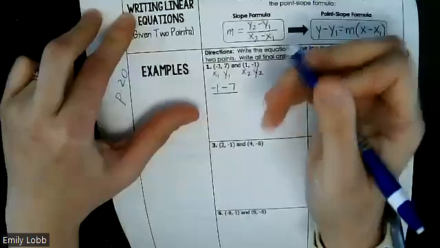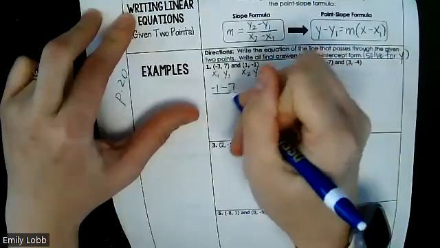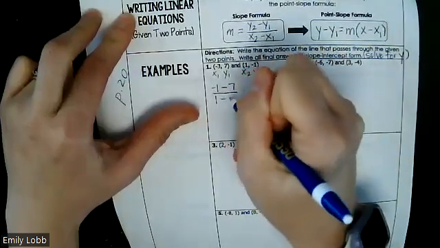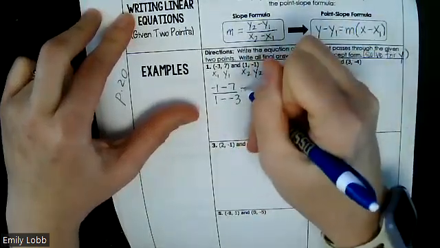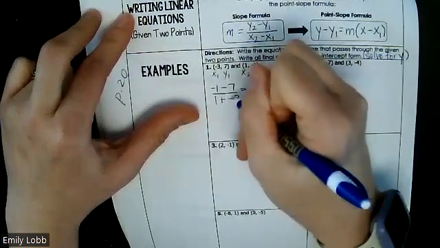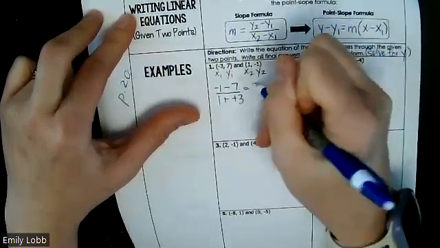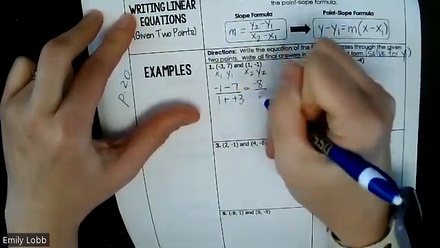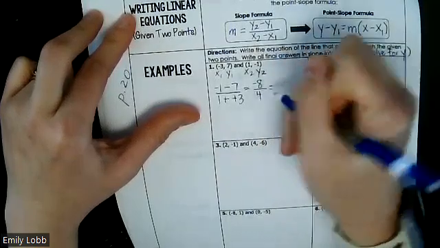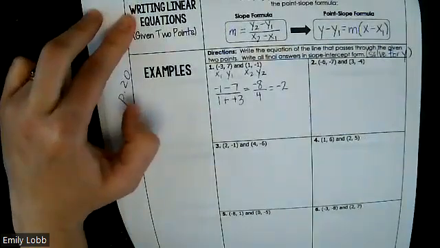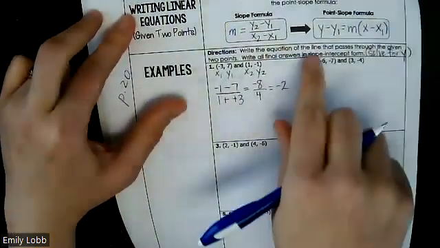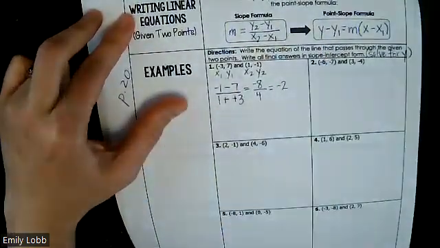All over x2, which is 1, minus a -3. So as I'm simplifying the slope here, I have -8 divided by 4, which is -2. And then I have to plug our slope and one of these points.